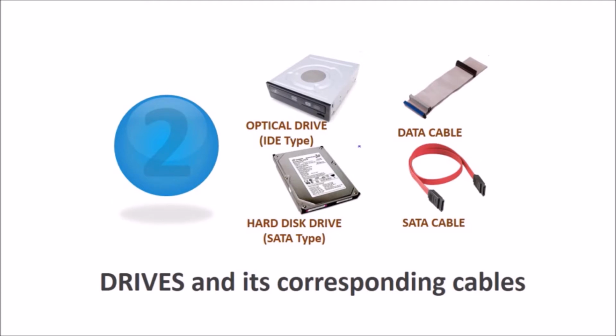If you are using a SATA type of either optical drive or hard disk drive, you need to use a SATA cable. And if you have an IDE type of optical drive or hard disk drive, of course, you need to use a data cable. Is that clear? Okay, very good.